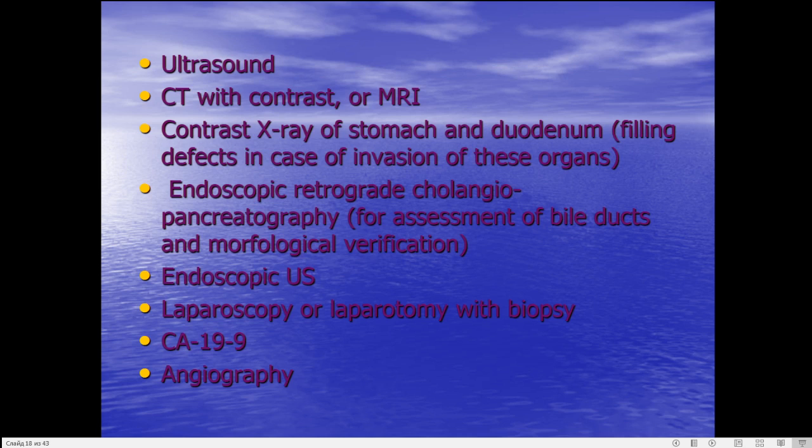As we said about hematogenous spreading of metastasis, or if we suspect carcinomatosis in the peritoneum, we can do diagnostic laparoscopy or laparotomy with biopsy to make the final diagnosis. CA 19-9 cancer antigen and angiography, the same angiography, to exclude whether the tumor invades the major vessels.